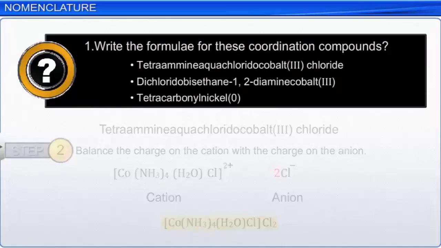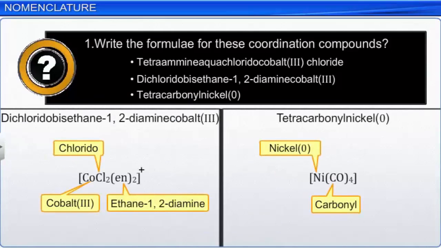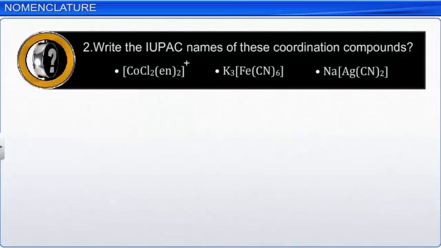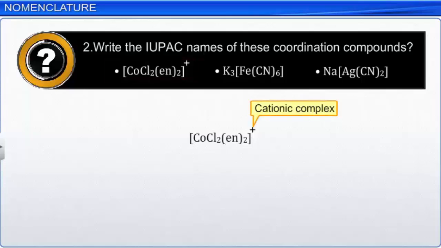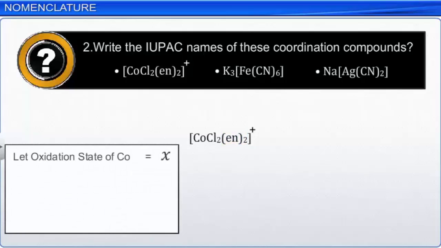Coming to the second question. The first complex is a cationic complex and has two chloride ligands and two ethane-1,2-diamine ligands. The oxidation number of cobalt, as calculated here, is +3. Following the alphabetical order in naming the complex, chlorido ligands are named first, followed by ethane-1,2-diamine.